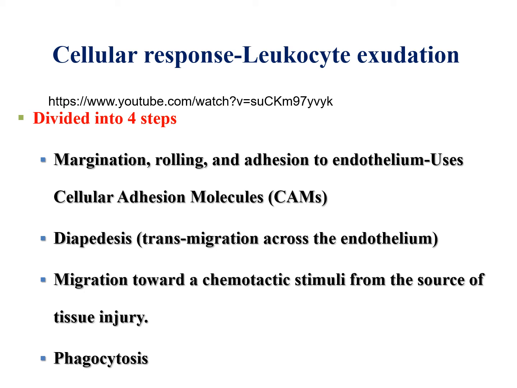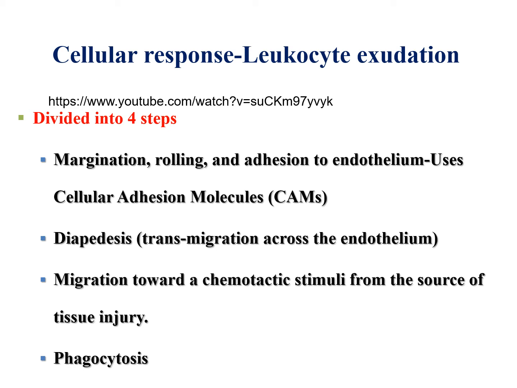So this leukocyte immigration is going to be first led by margination, where the polymorphonuclear cells, the neutrophils, are rolling through the blood vessel and then they start to slow down because they are coming into contact with the blood vessel.